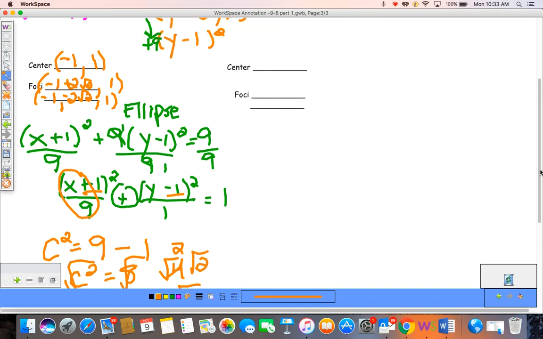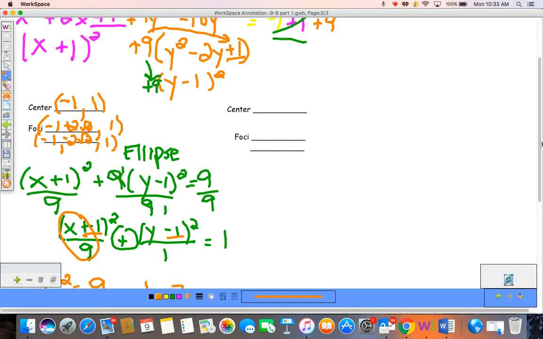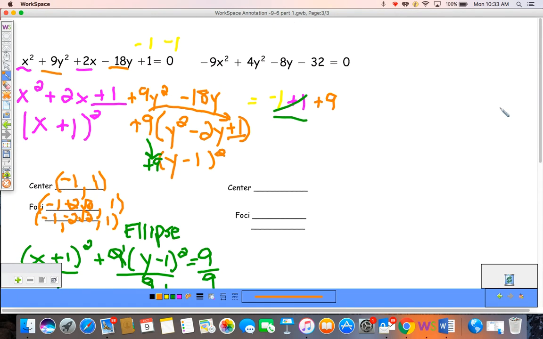Okay, let's do this next one here. And I'm going to do this off to the side here, guys, because I don't have much room. I'm going to separate the x's and y's here, but I'm going to do something a little different. Because this x is negative, I'm going to put it second. And then, gosh, guys, I don't have any other x's. Let's do the y's here.